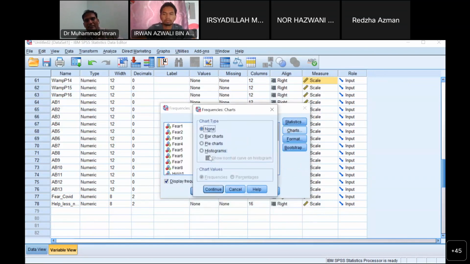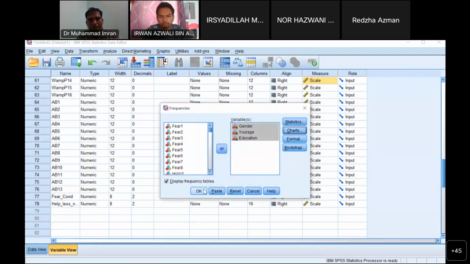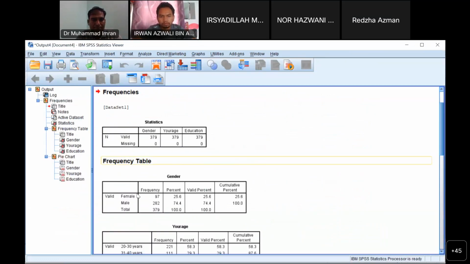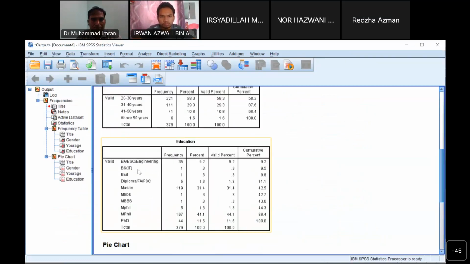Charts. Our main concern is the chart. Pie chart, histogram, or bar chart. Percentage of frequencies. Let's discuss frequencies first. Pie chart. It's calculating. You can see the frequencies here also.